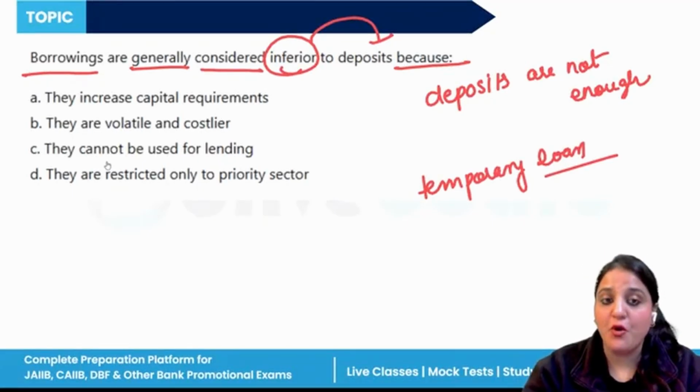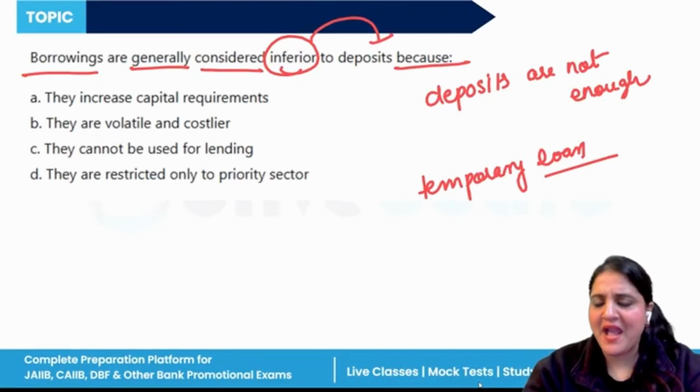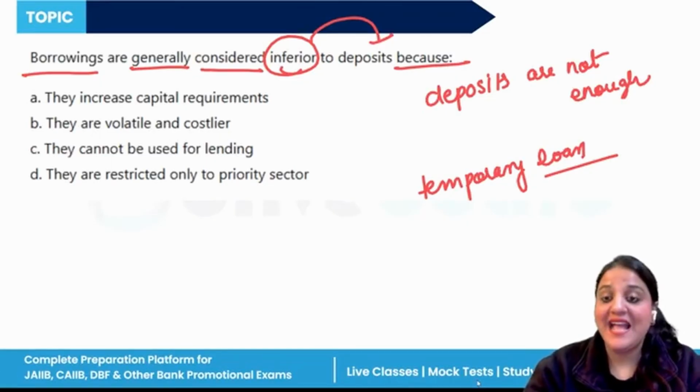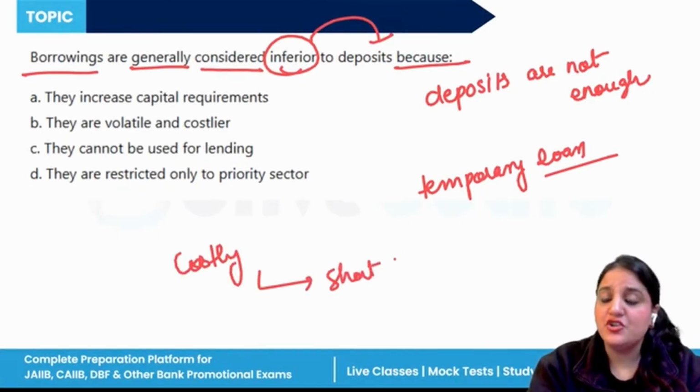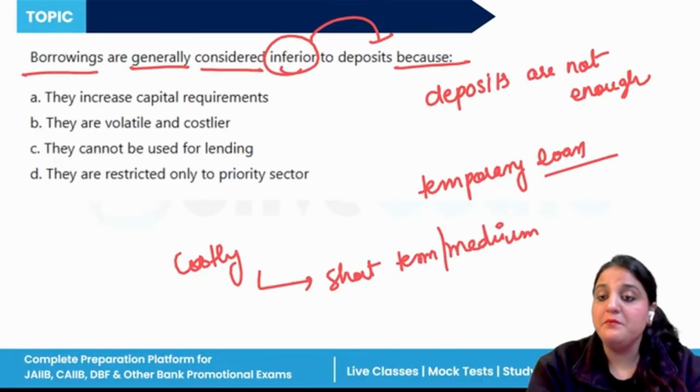And from where do these borrowings come? These borrowings come from the RBI, other banks, and institutions like NABARD, Exim Bank, and IDBI. These funds are very costly, and are only for short term and medium term.